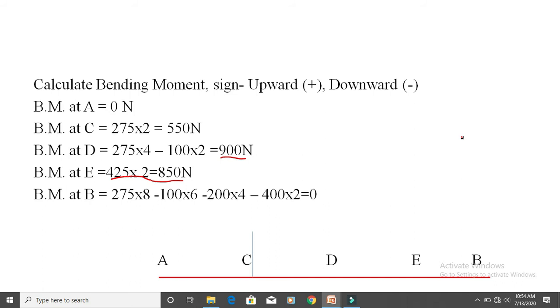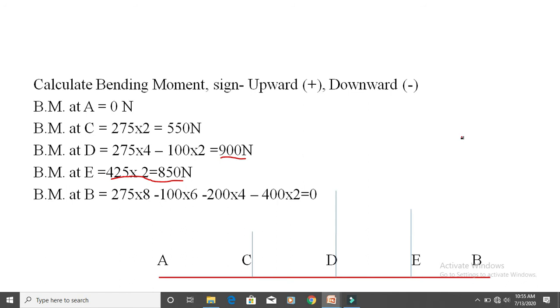Bending moment of D is 900 Newton, so draw a vertical line above the baseline of 900 Newton. The next, bending moment of E is equal to 850 Newton, so draw a vertical line above the baseline of 850 Newton. And last, bending moment of B is equal to 0, so no vertical line should be drawn here.